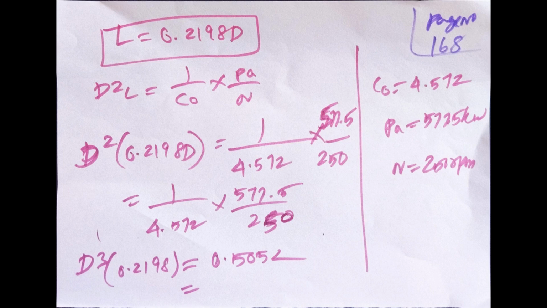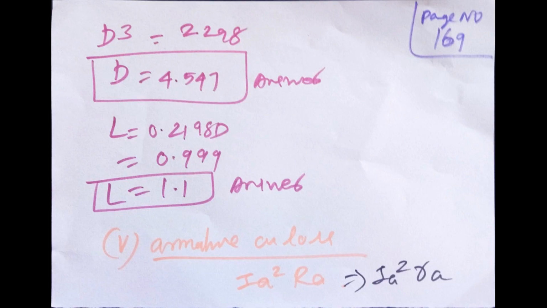D cube into 0.2198 is equal to 0.5052. We have C naught is equal to 4.572, P is equal to 577.5 kilowatts, N is equal to 250 rpm. D cube is equal to 2298. From this value we obtain D is equal to 4.547. L is equal to 0.2198 D, so L is equal to 1.11. Next we go to the next solution.